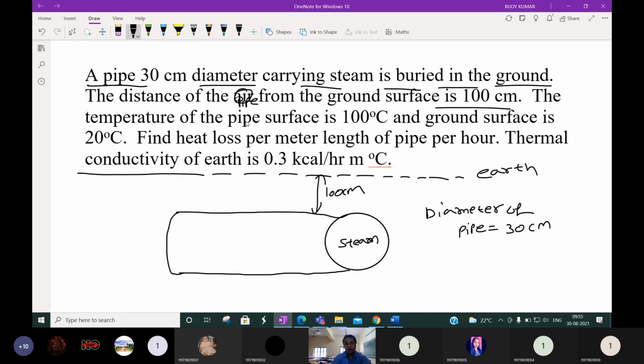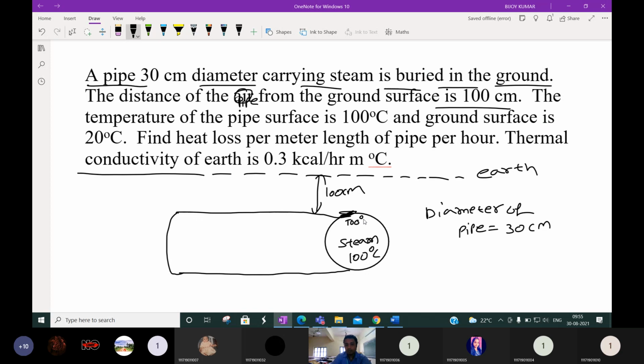The temperature of the pipe surface is 100 degrees centigrade. It means the inner surface, where the steam is flowing, is 100 degrees centigrade.